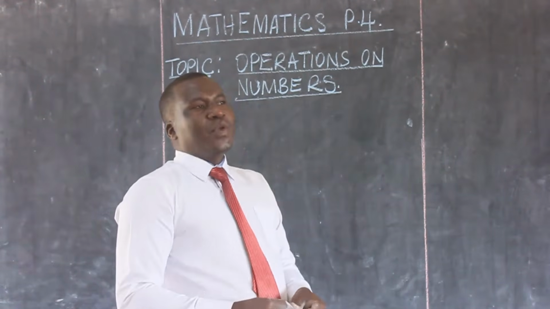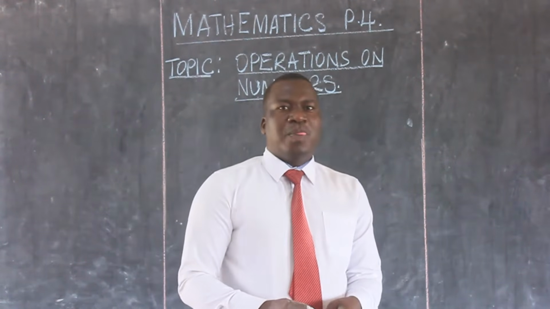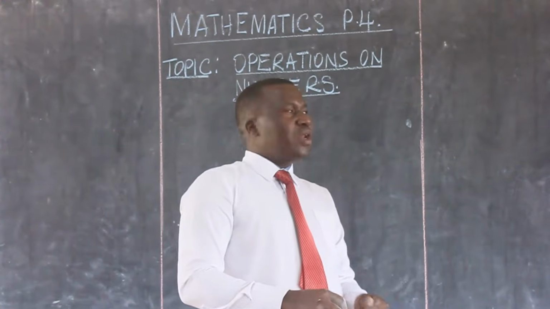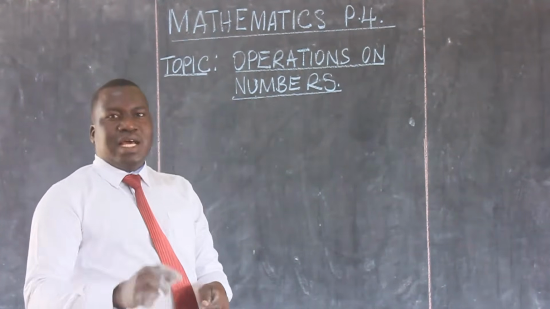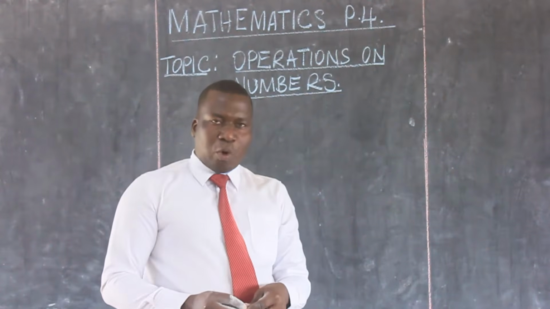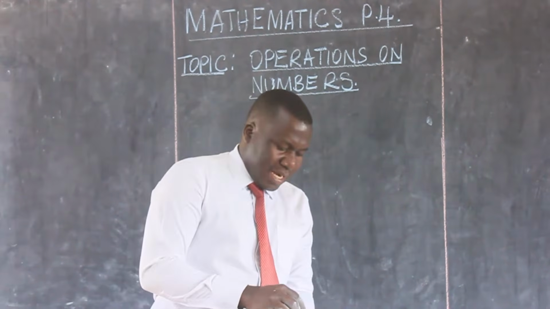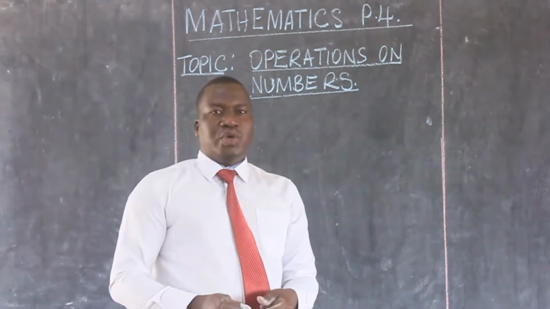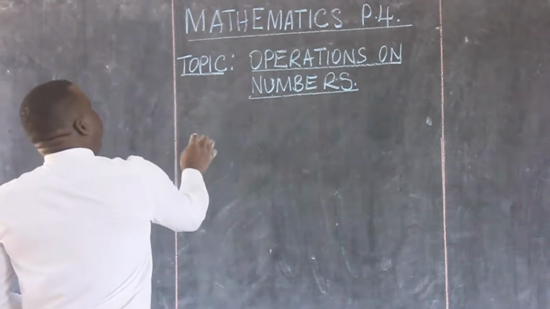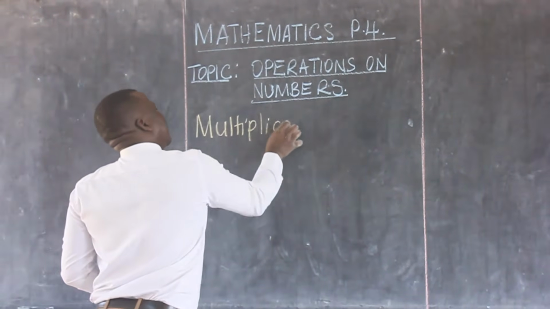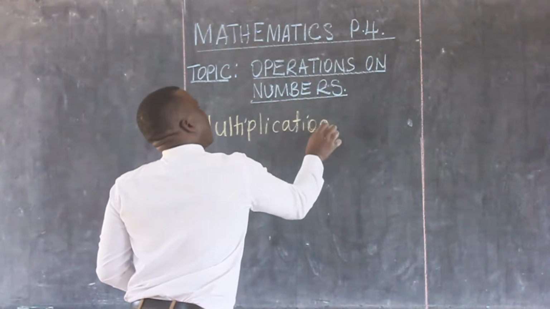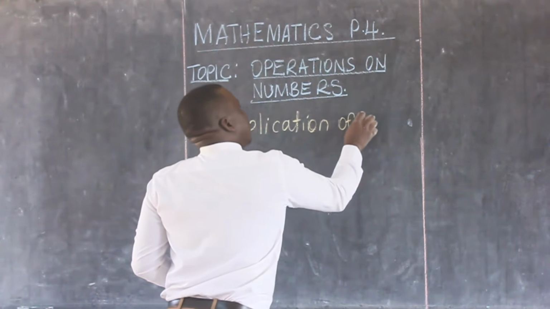Last time when we went back home, we had stopped on operations on numbers. That was the topic that we had stopped on. And the lesson that we are moving to next was multiplication of numbers.